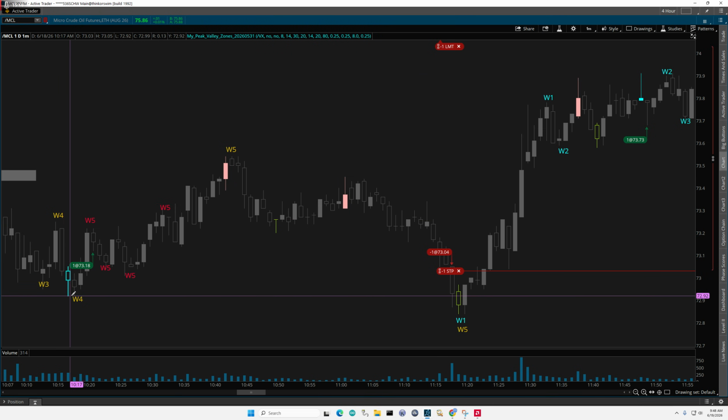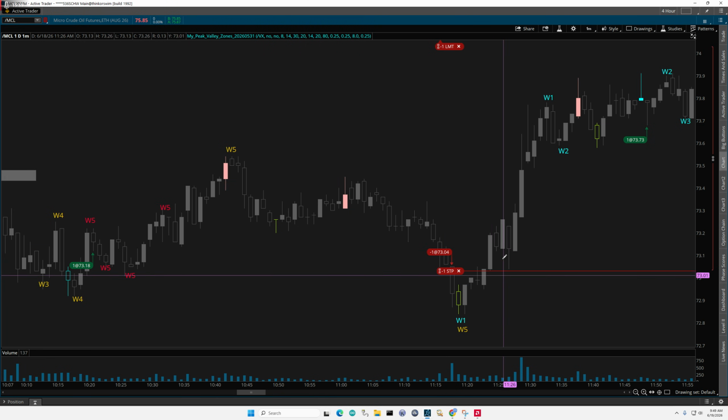I had my stop down in here. I moved my stop up to 73.04. So 73.04 was basically the bottom of this candle right here, which I thought was wave 5. And so you can see I got stopped out. So I took a 14-cent loss on that contract.